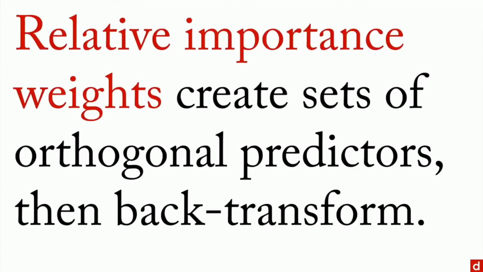That's the back transform. And then from that, it assigns relative importance or a percentage of explanatory power to each predictor variable. Now, despite this very different approach, it tends to have results that resemble dominance analysis. It's actually really easy to do. Their websites, you just plug in your information and it does it for you. And so that's yet another way of dealing with the problem of multicollinearity and trying to disentangle the contribution of different variables.